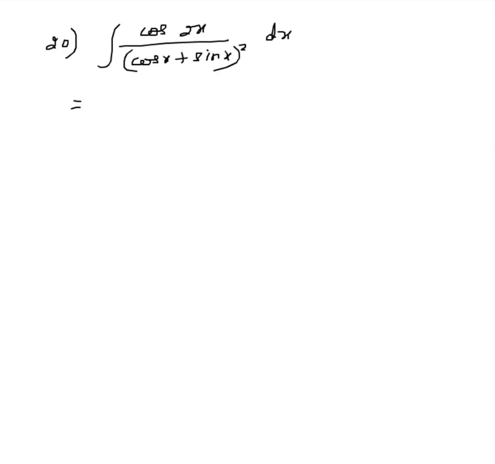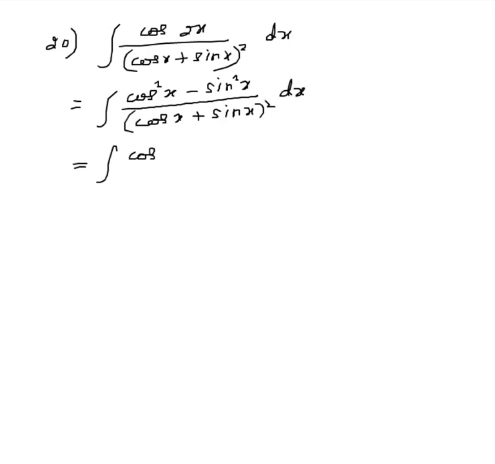We will use the cos 2x formula using both cos and sine, which is cos square x minus sine square x, because the denominator has both cos x and sine x terms, and the denominator is (cos x plus sine x) the whole square. Factorize the numerator. A plus b into a minus b.